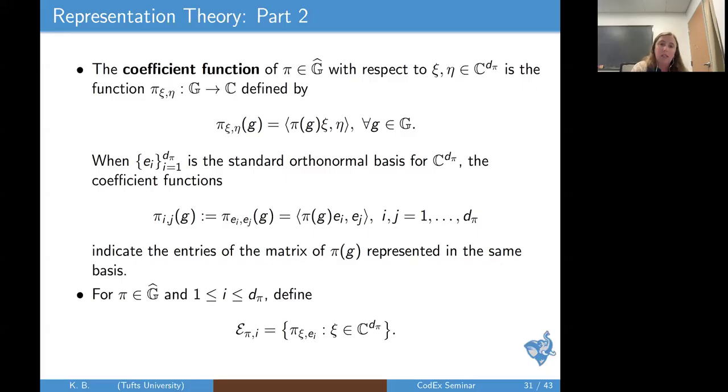Okay, and the coefficient space, so the coefficient function space E pi I, we're just going to take all the coefficient functions and we're going to fix the second index and vary over the first index.